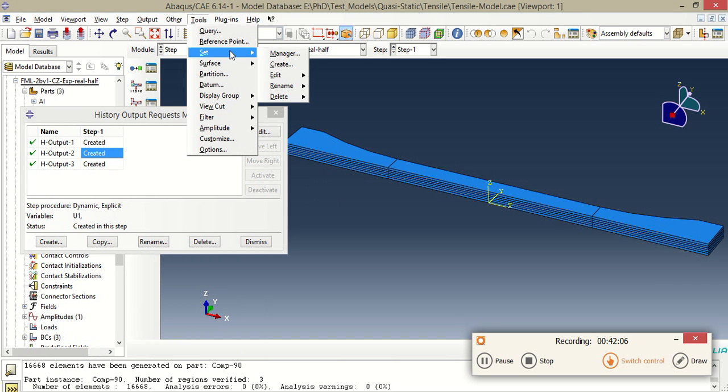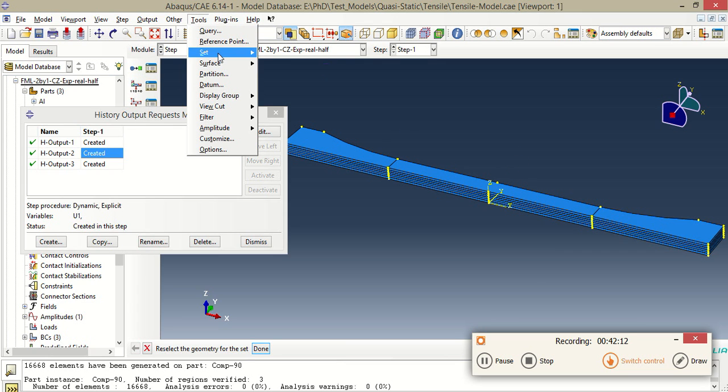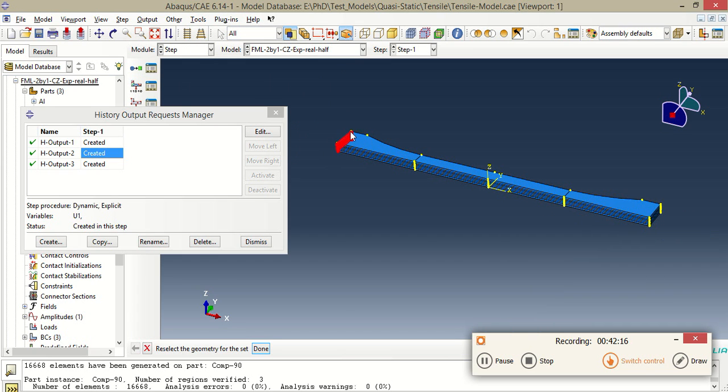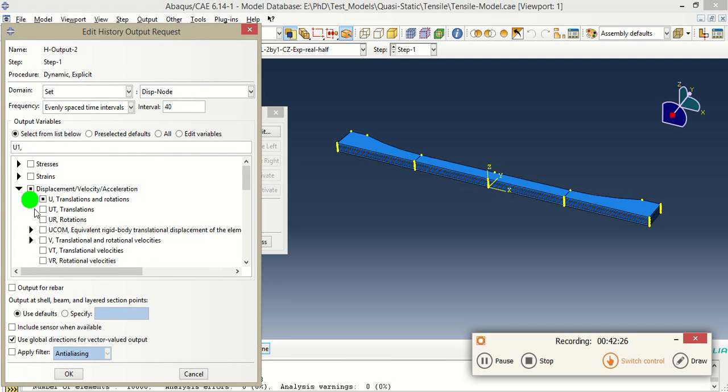In the tools, there are different sets available. Displacement node, I've chosen the node here. Okay, and X symmetry, I've chosen the symmetry here. You know that. So just choose it. It will create a set, and include this set in this. Okay, so just obtain the displacement only in the u1 direction, because we are checking the u1.